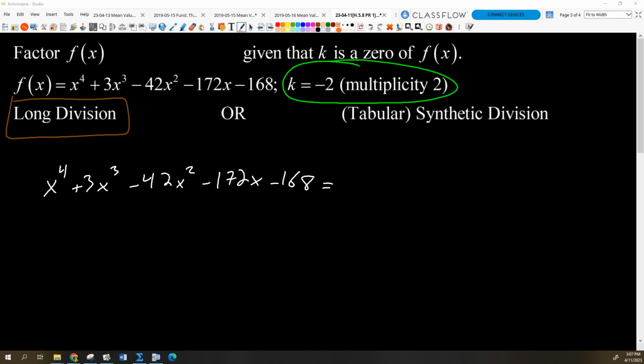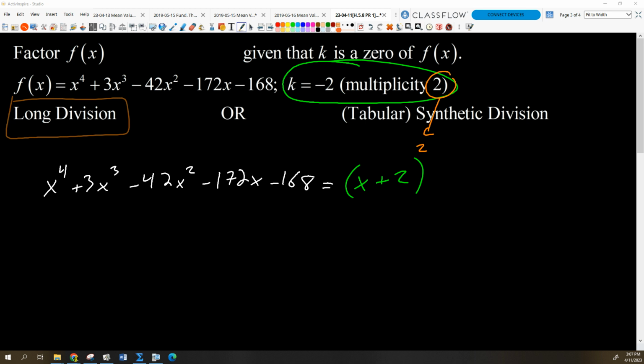What's the factor that goes with -2 then? X plus 2, okay. And the multiplicity, squared, okay.